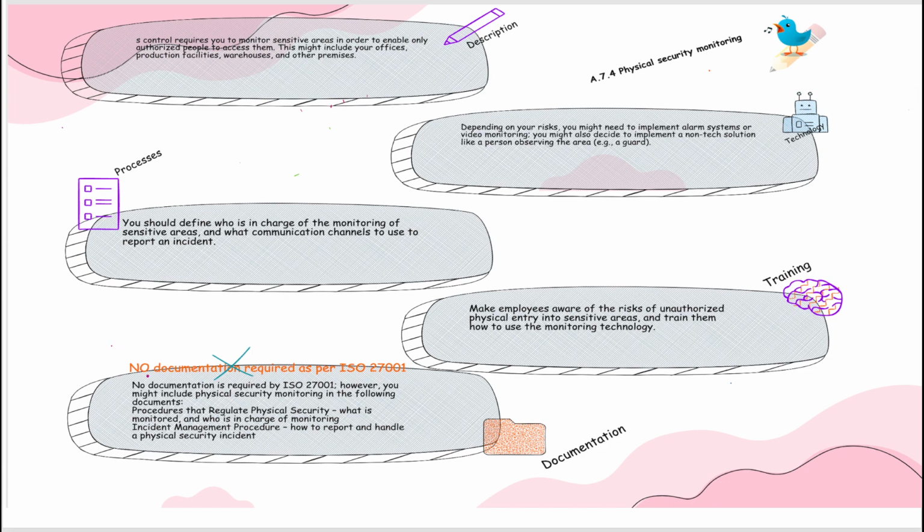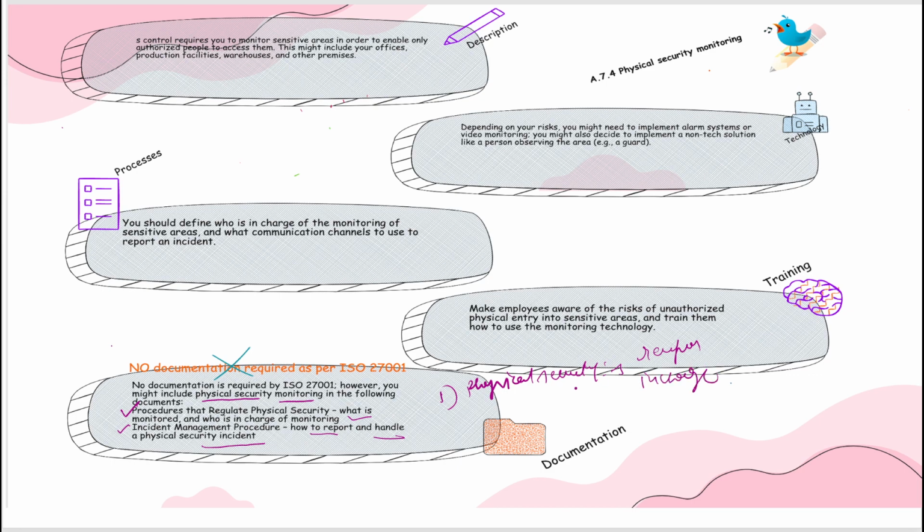So for documentation, you may include this in your physical security monitoring procedure, as we were talking: a procedure that regulates physical security, what is monitored and who is in charge of monitoring. We have already discussed that. Then an incident management procedure: how to report and handle a physical security incident, right? So two elements. First, in your physical security procedure, you can mention who is responsible and who is in charge of monitoring.